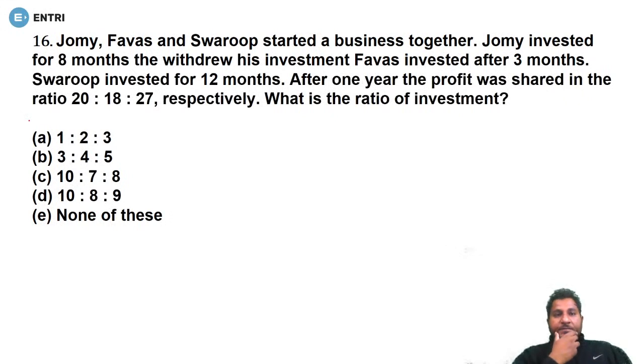The next one. Come on. Jomi, Fawaz and Swaroop started a business together. Jomi invested for 8 months. So it's from partnership.